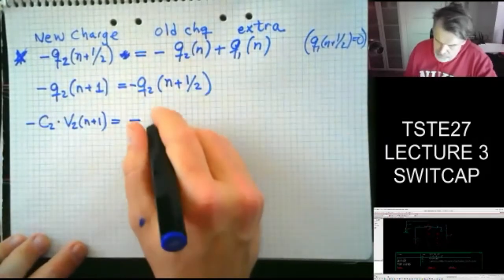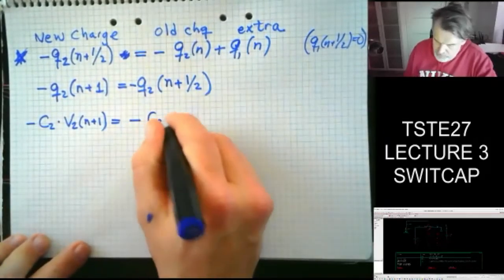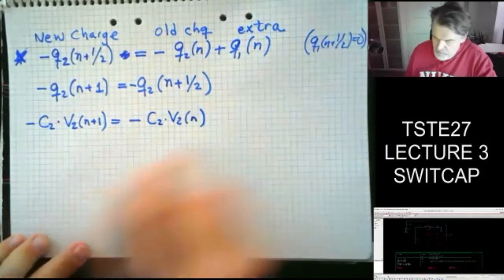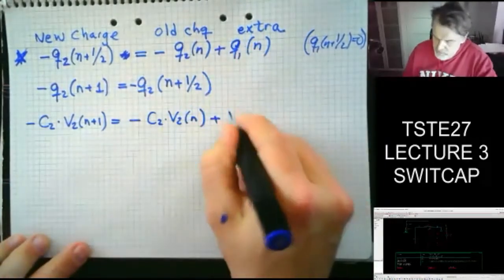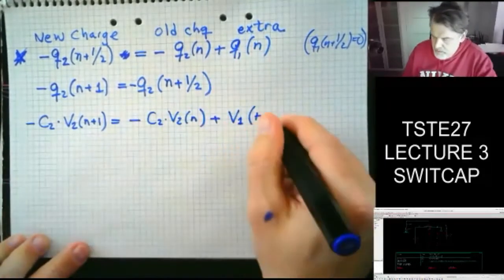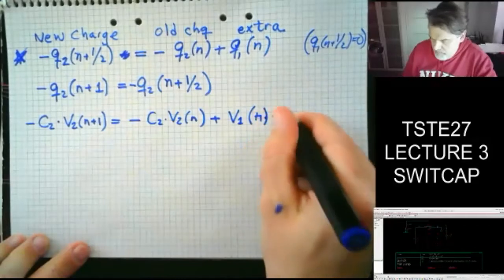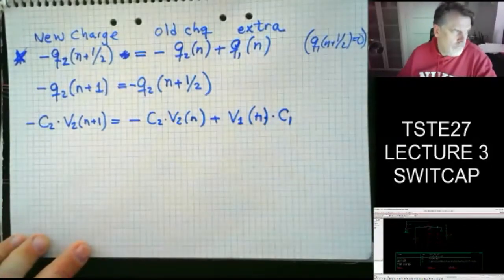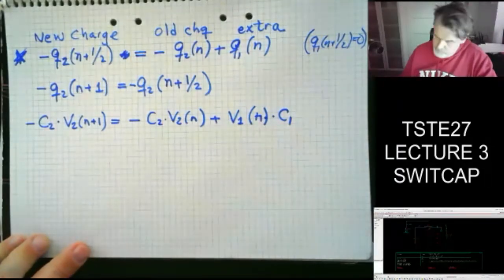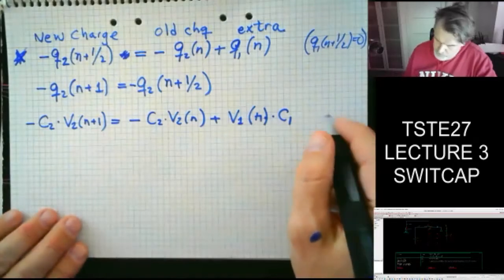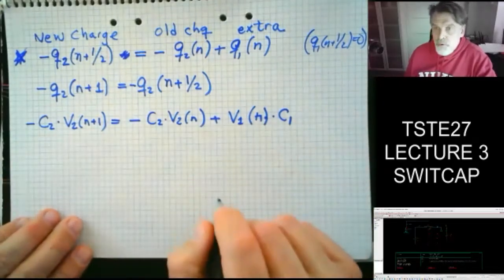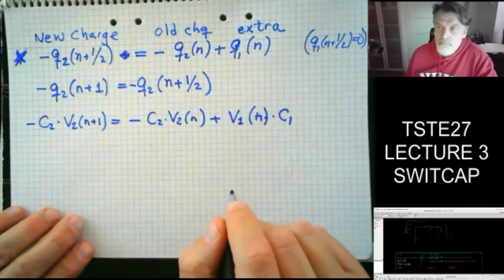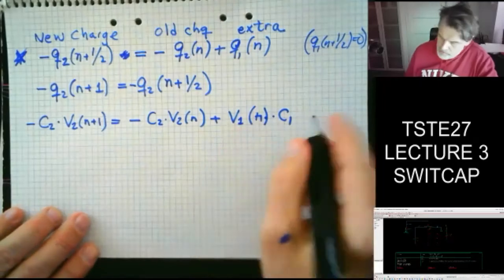So that's C2 times V2 of n plus V1 of n times C1. That's more or less the difference equation already served for you.